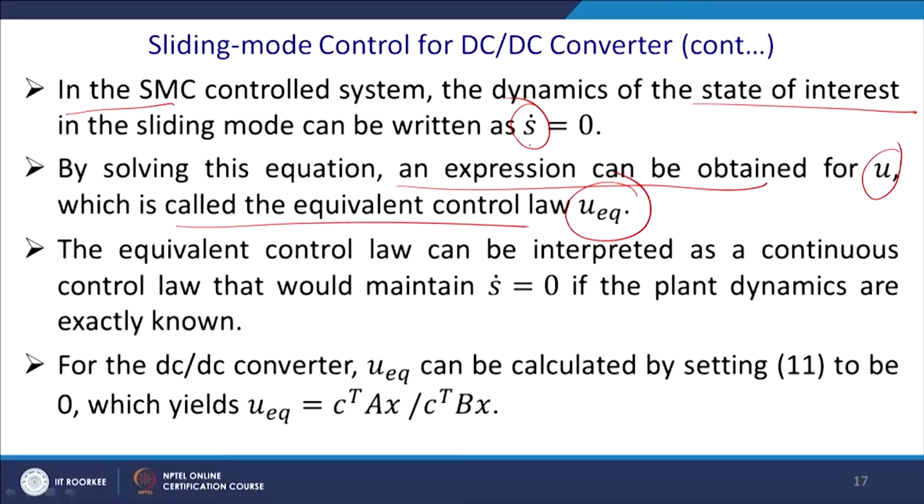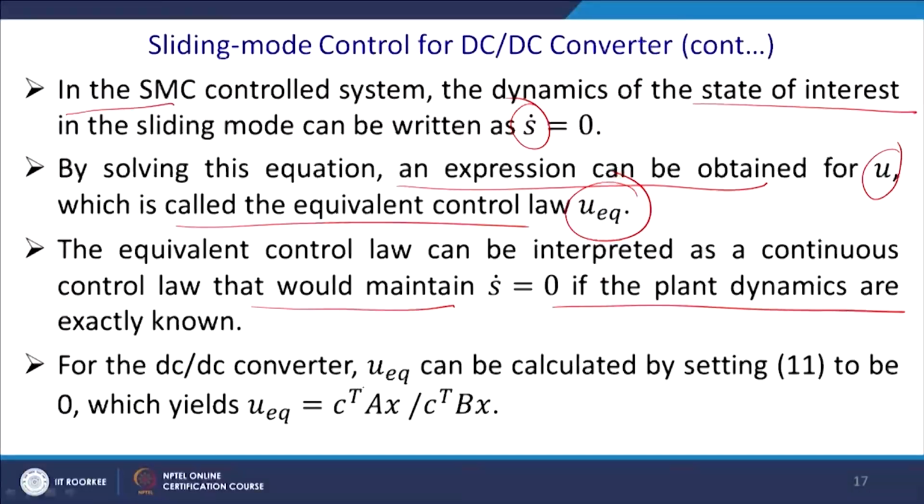The equivalent control law can be interpreted as a continuous control law that would maintain S dot equal to 0 if the plant dynamics are exactly known. That is one of the challenges. So, you may not know some of the parameters of your plant.